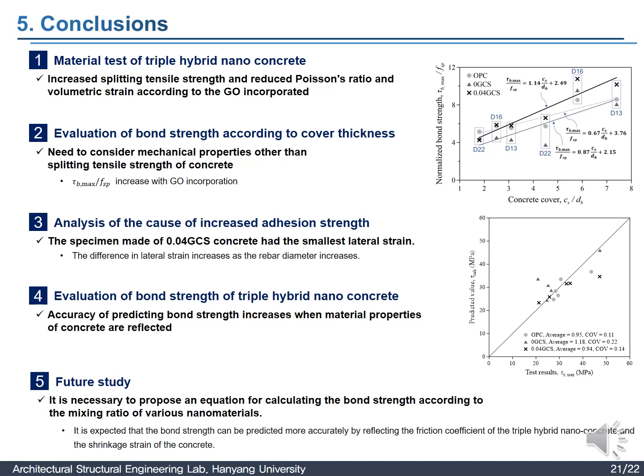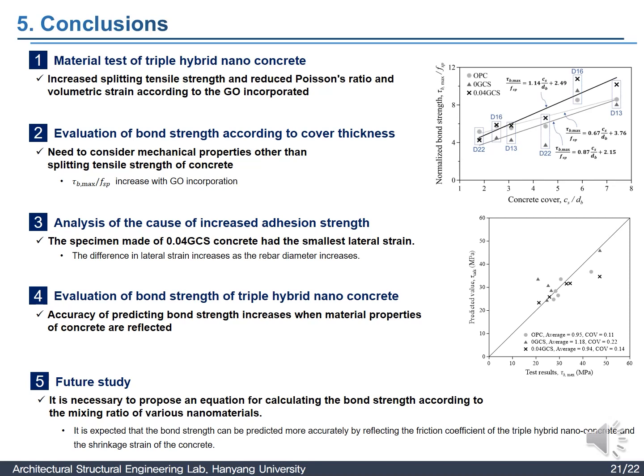Then, the cause of the increase in bond strength was analyzed. The concrete strain due to the radial stress generated during rebar pulling decreased the most at 0.04 GCS. Accordingly, it seems that dispersion affects the bond performance. Finally, the bond strength of triple hybrid nanoconcrete was evaluated.